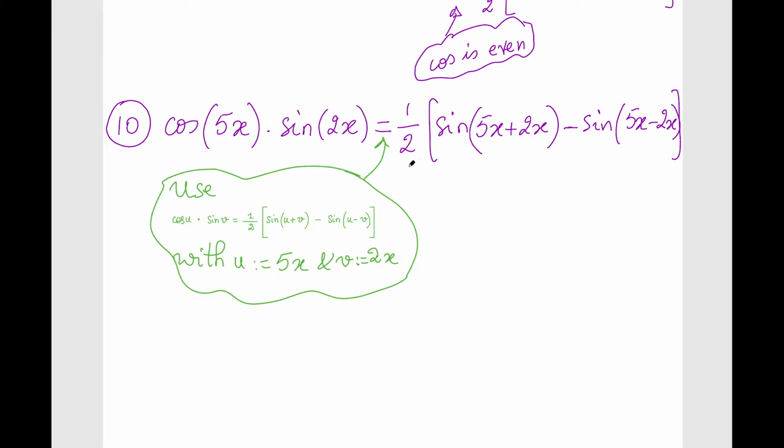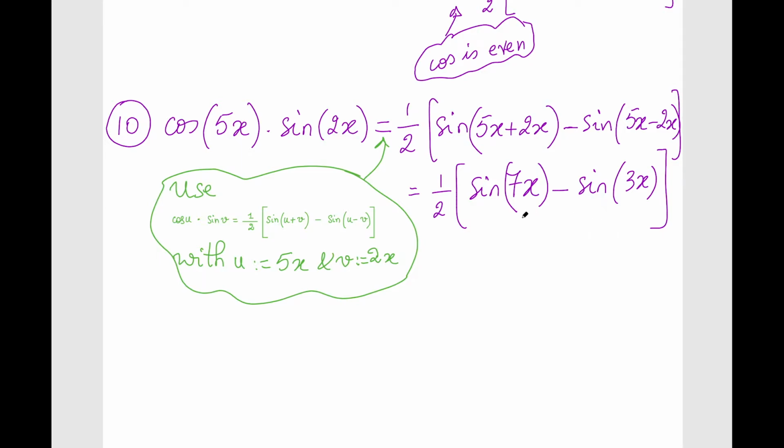So we get this. All right, and can we simplify any further? Yes, we can add these two angles, so we get 1/2 times sine of 7x, correct? 5x plus 2x is 7x, minus sine of 3x.